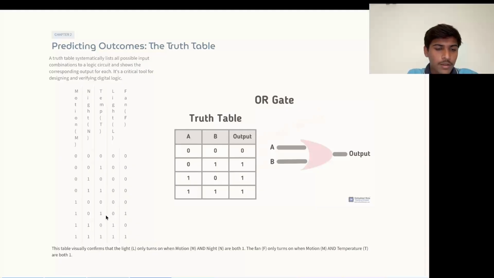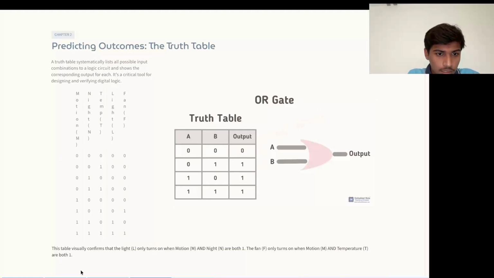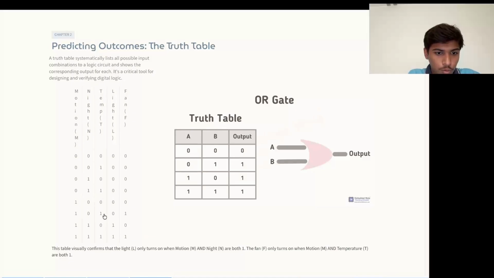Likewise for temperature: the room temperature is high or hot, but there is no motion. Here motion is 0 but the temperature is high, so no fan is activated, meaning it gives no true output.